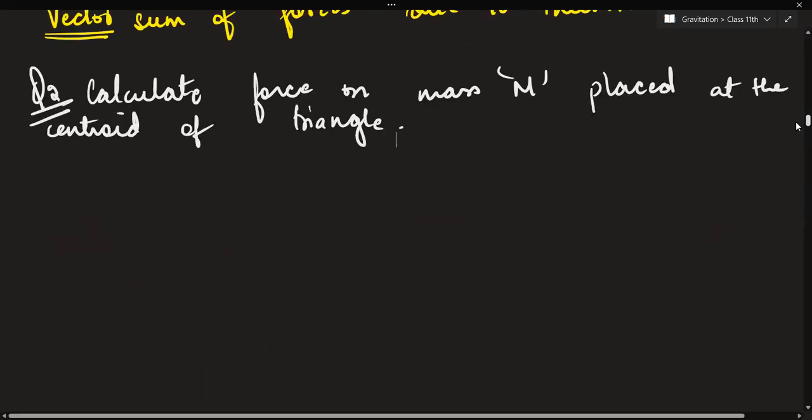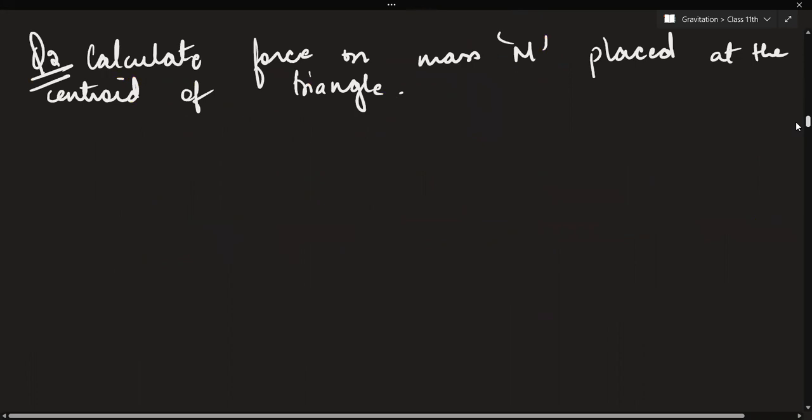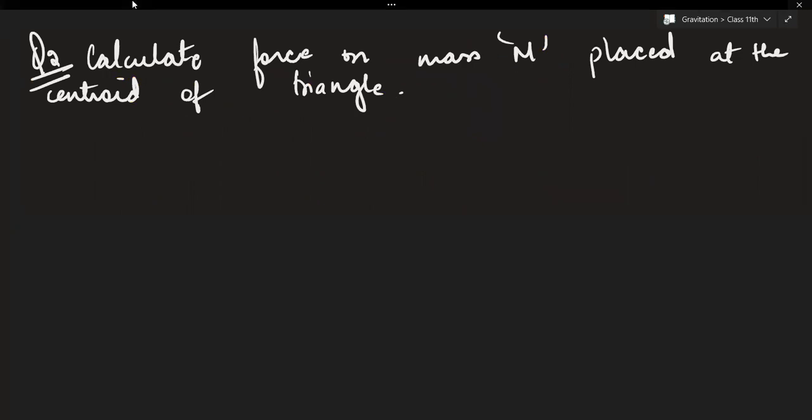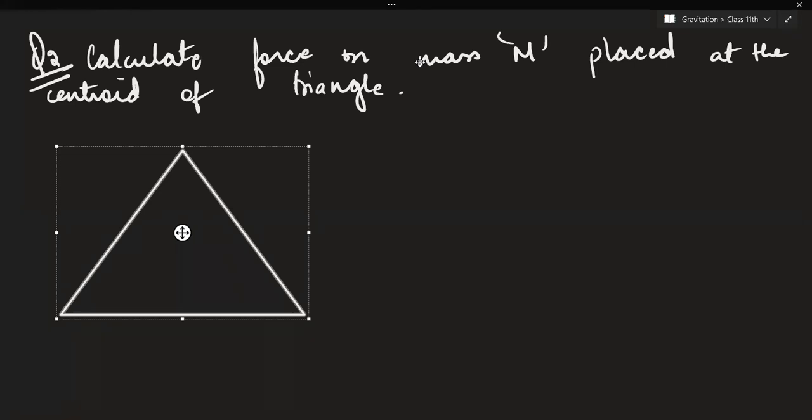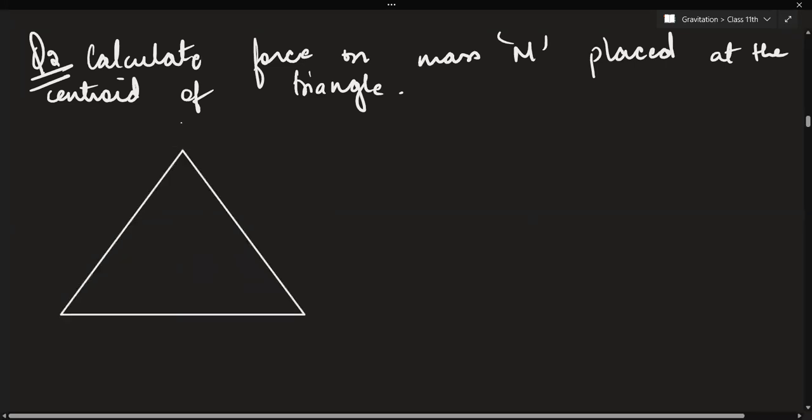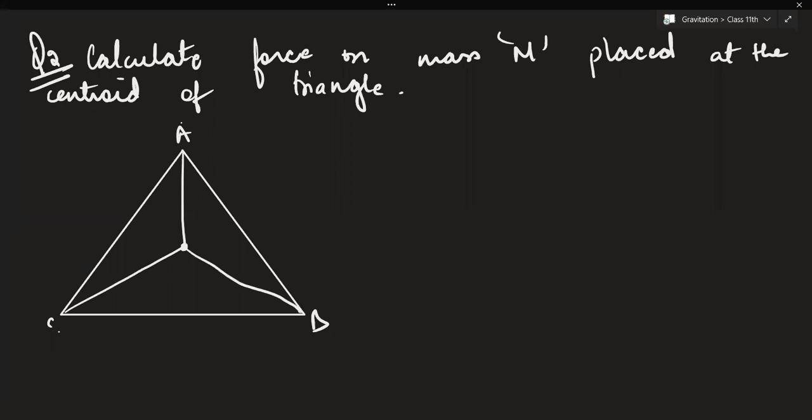A triangle is given, force on point mass. Let's say this point is A, this is B, this is C. So centroid means this point. This is M kept here.